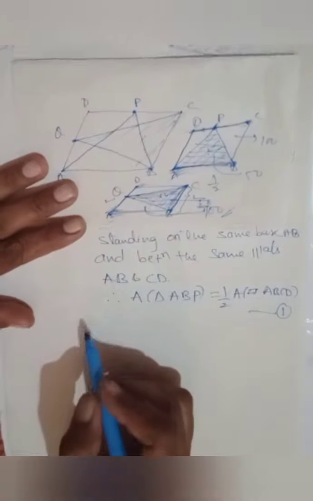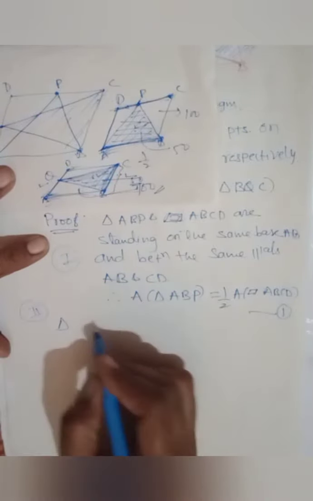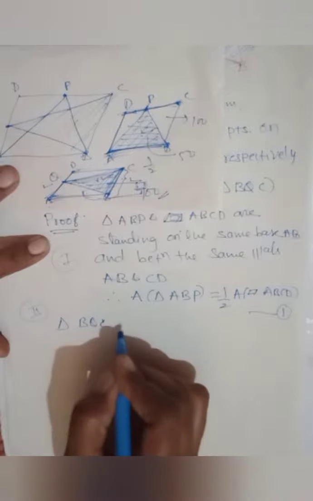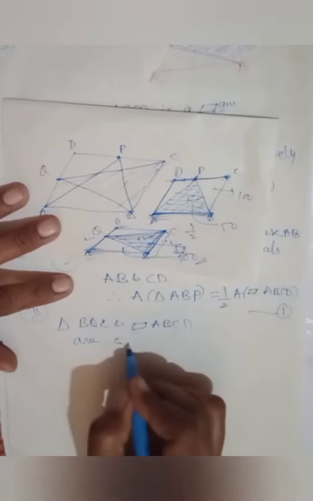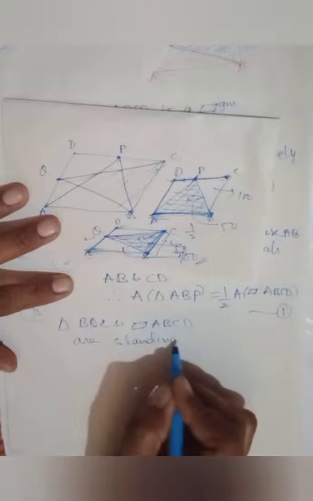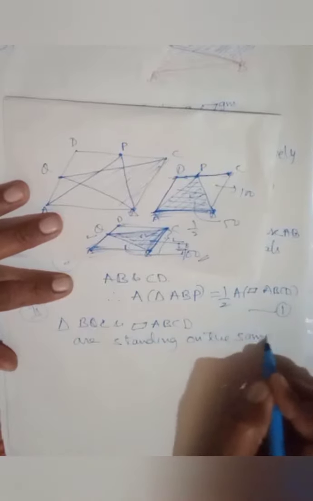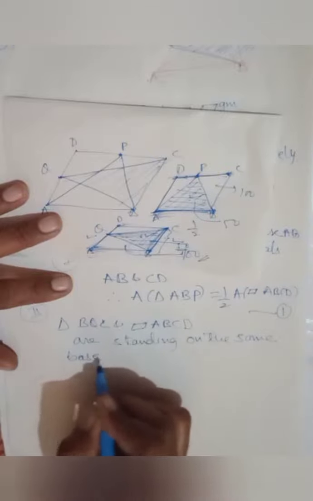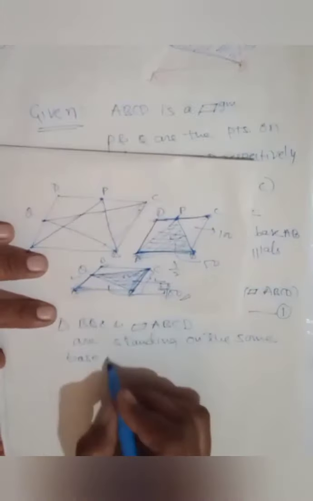Next, I will move to the second one. I am now discussing this triangle BQC. This is the second part of the proof. Triangle BQC and parallelogram ABCD are standing on the same base. What is that base? BC.